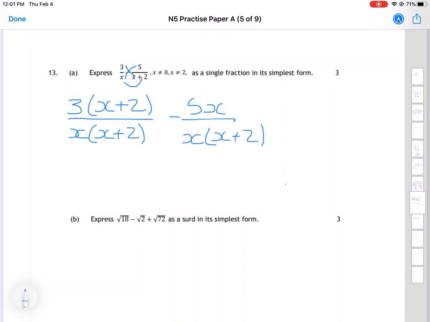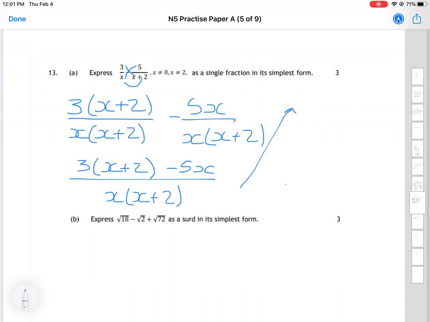We can combine the top of the fraction. So we've got 3 bracket x plus 2 minus 5x all over x bracket x plus 2, and you should keep working down the way. I've just not got the space, so I'll go up to the side.